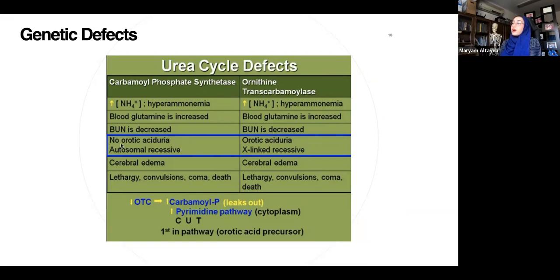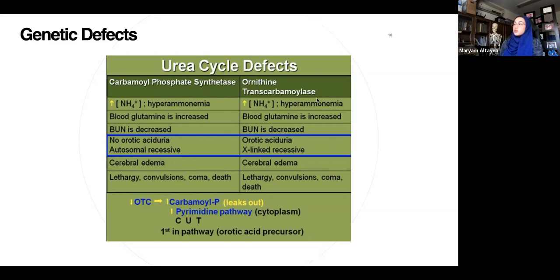You're not going to have high levels of orotic acid, but in ornithine transcarbamylase deficiency, you will. Another difference is that ornithine transcarbamylase deficiency is X-linked recessive, so it would be more commonly seen in males, and carbamoyl phosphate synthetase deficiency is autosomal recessive, so you can see that in males and females. Okay, so I hope that makes sense to everyone. That's very important, so I want you guys to keep that in mind. Is that clear?